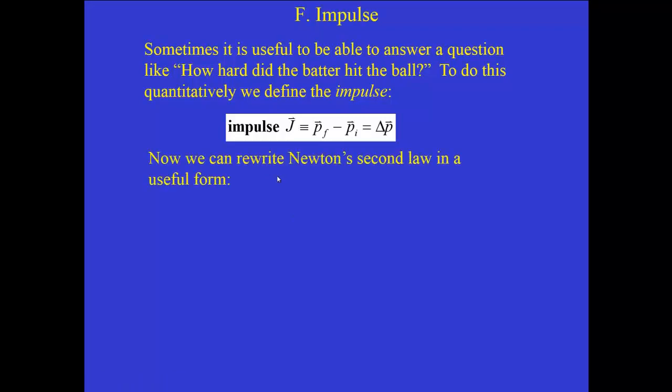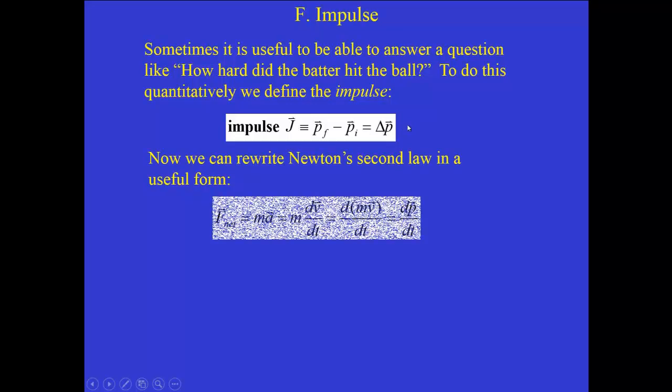So in order to flesh this out in a little more detail, to relate the change in the momentum to some other quantities, we can rewrite Newton's second law in a very useful form. Remember, Newton's second law said the net force, the sum of all the forces acting on an object, is its mass times its acceleration.